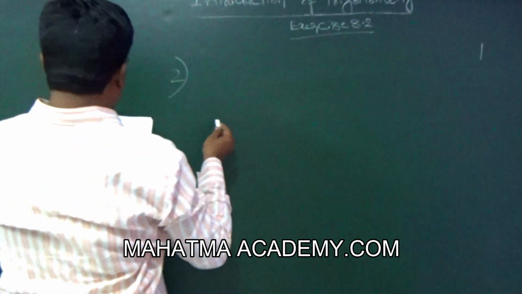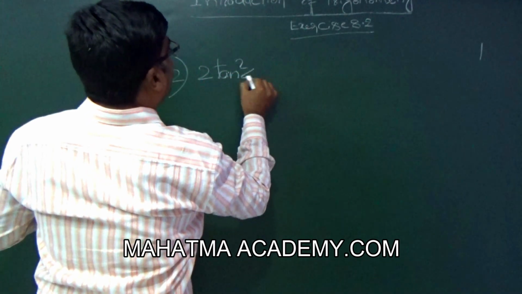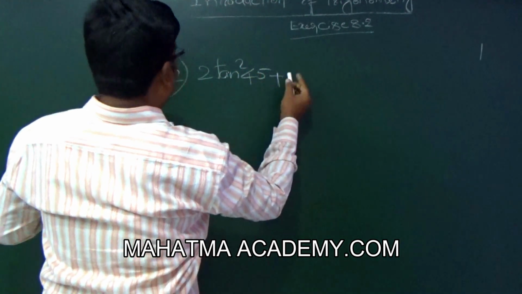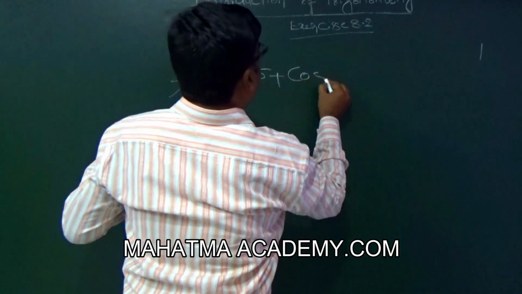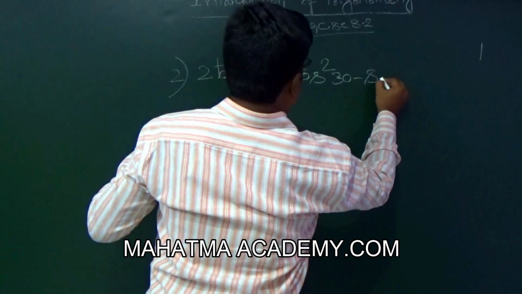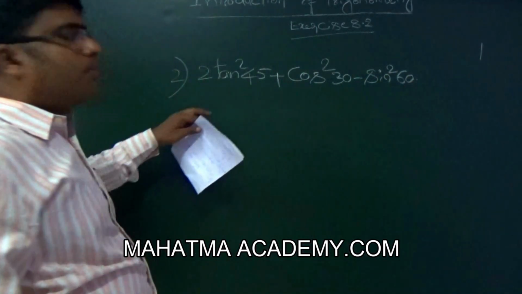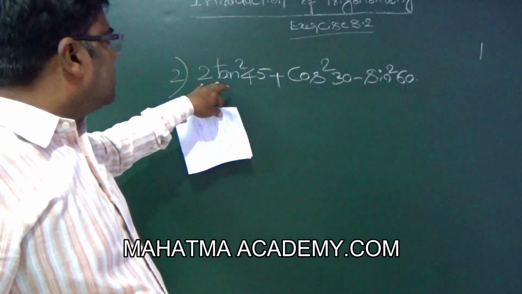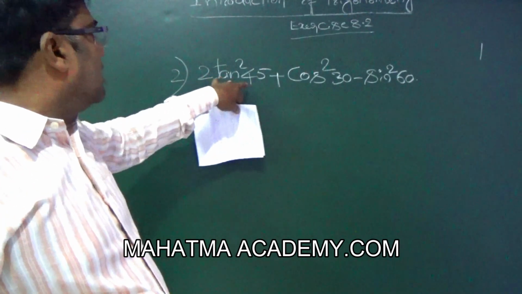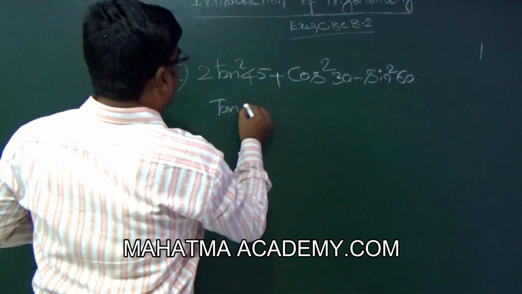Next problem. Second problem. 2 tan square 45 plus cos square 30 minus sin square 60. These are the simple problems. Just substitute the values of the trigonometric functions. What is the value of tan 45?